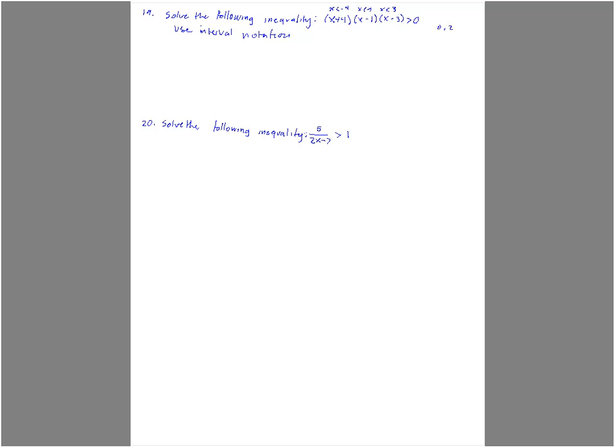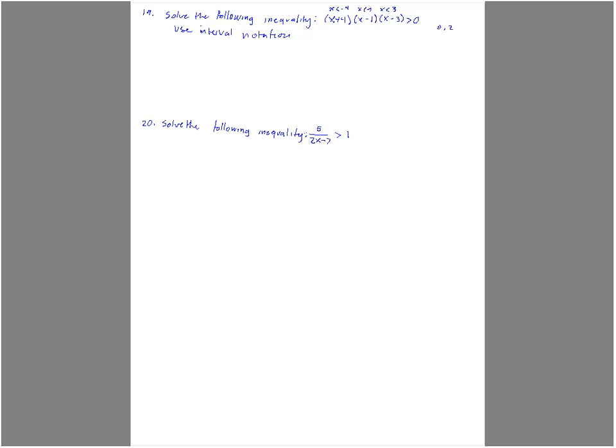That means each of these cannot end up being 0. So this can't be 0, this can't be 0, this can't be 0. And these are 0 when x is -4, when x is 1, when x is 3. So if you just say that they are either greater than or less than, then you're good to go.